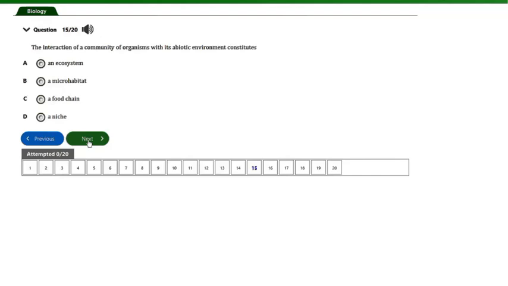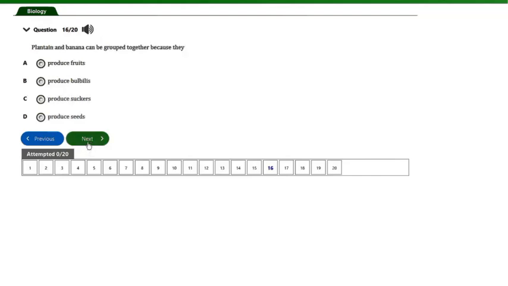So guys, the answer to this question is an ecosystem, and that's option A. The interaction of a community of organisms in an environment with their abiotic environment constitutes the ecosystem.